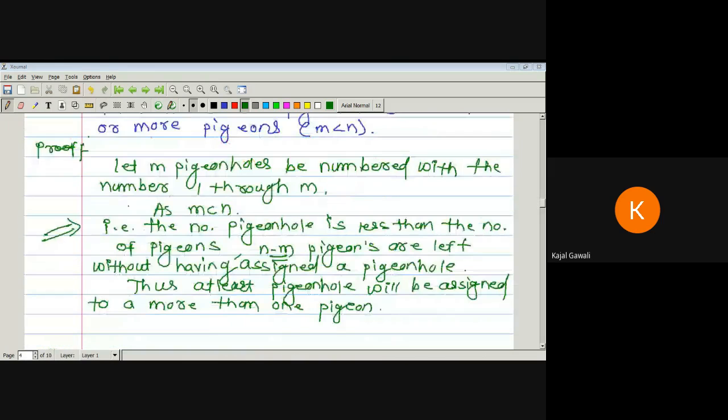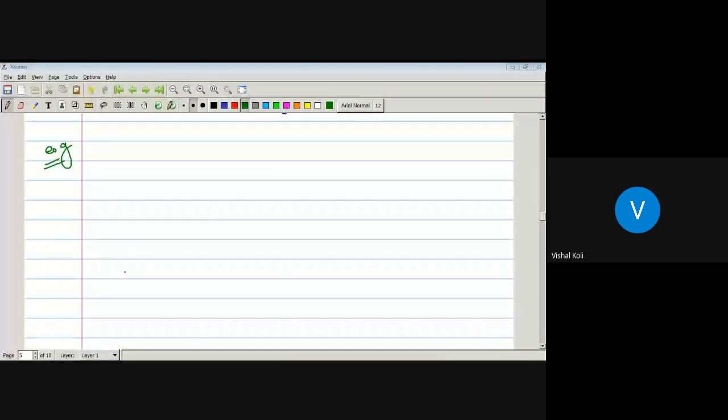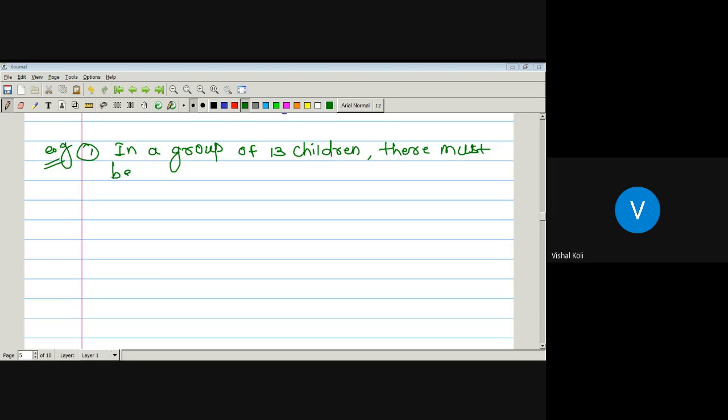No, sir. Now, in a group of 13 children, there must be at least two children who were born in the same month.